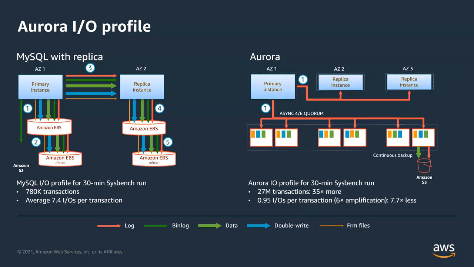So the net result of this 30-minute sysbench run is we actually did 35 times more transactions, 27 million transactions versus 780,000. And we did just 0.95 IOs per transaction. So even with the amplification, we were 7 times less. So far less IO.